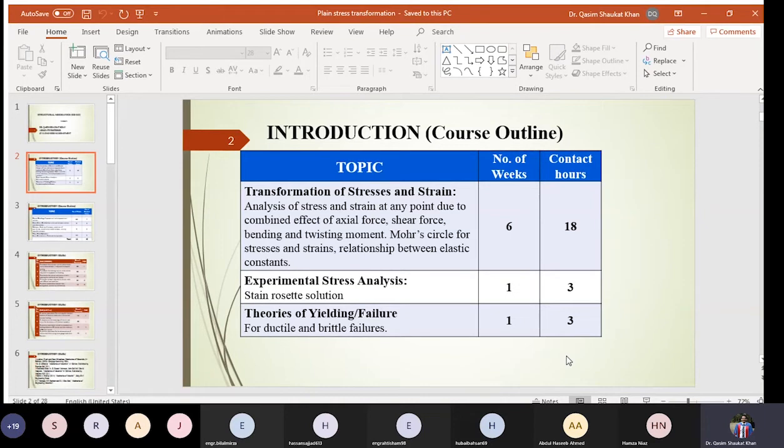Again, in case of the transformation of the strains, we will work on the Mohr circle, and that will be Mohr circle for plane strain.